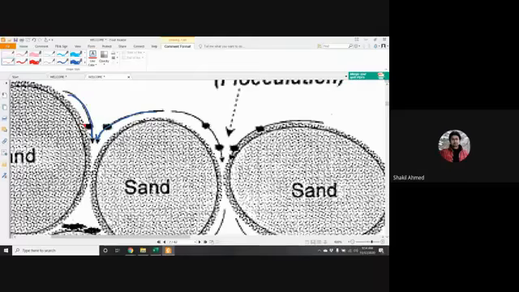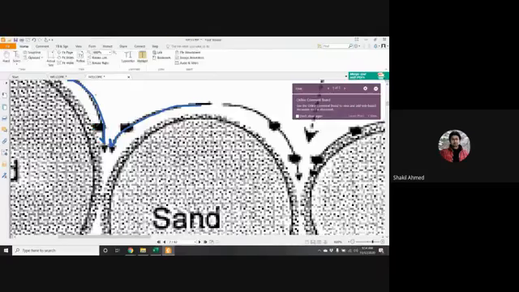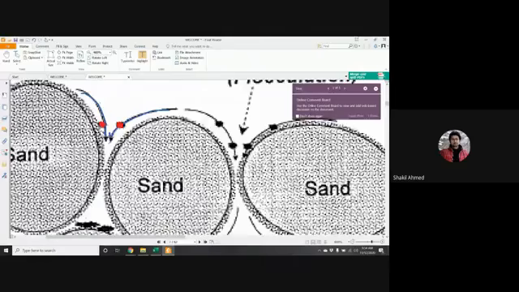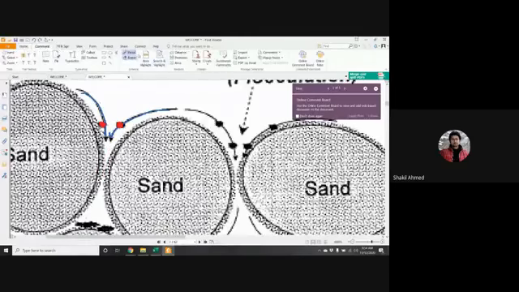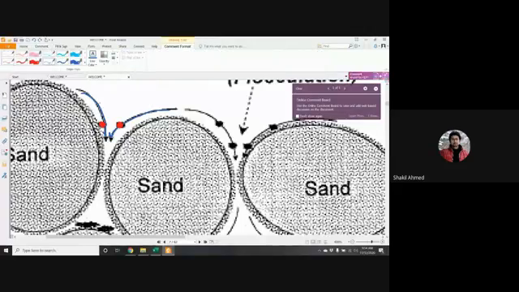We have a pollutant here. Now, as the water tries to move through this pore, and this pore, they are actually converging. So what would happen?